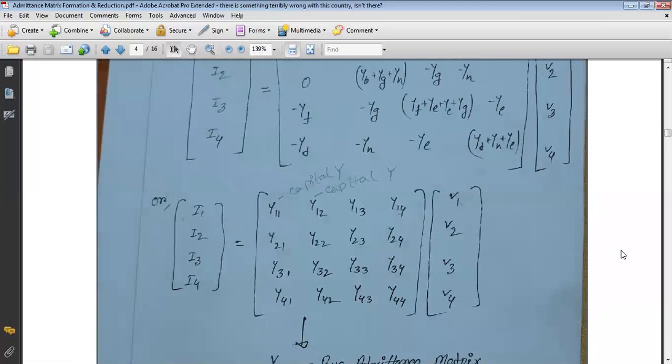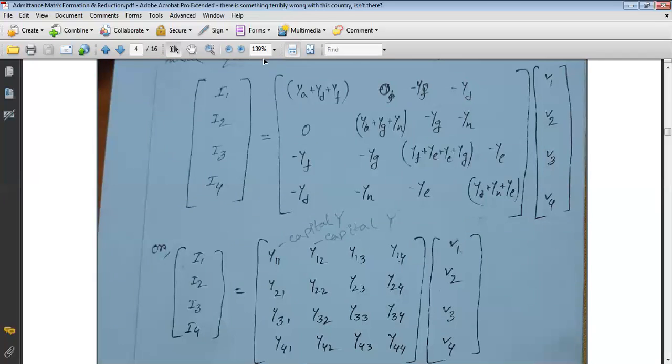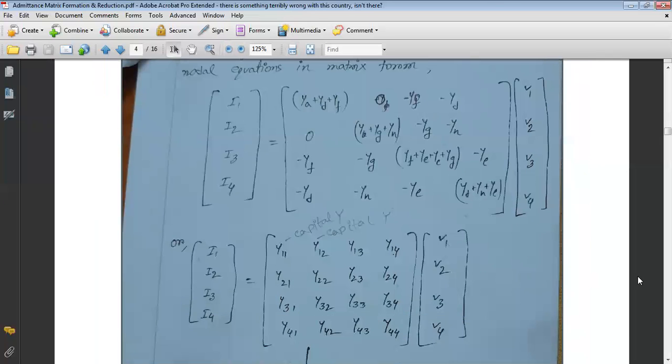Another thing we want to know from this bus admittance matrix is that the value of Y11 is equal to YA plus YD plus YF, and the value of capital Y12 is equal to minus YF. So for the value of YF, we have to multiply by minus 1, and then we will find the bus admittance matrix element Y12.